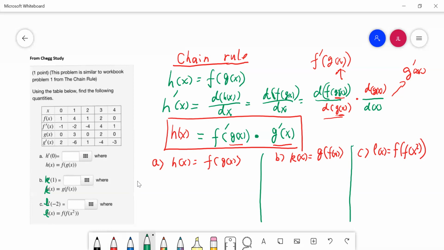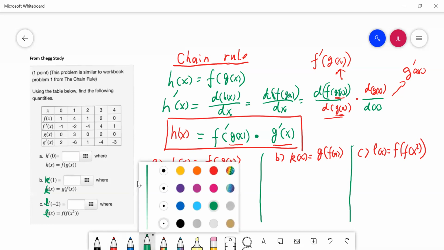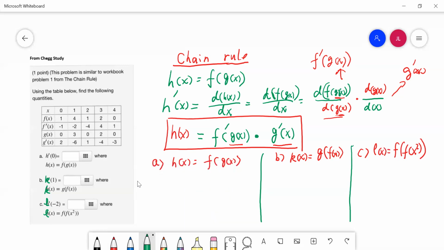Now I'm going to give you a complete explanation of the solution. We start from A. By chain rule, we know h(x) derivative equal to f derivative with respect to g(x) times g derivative with respect to x.